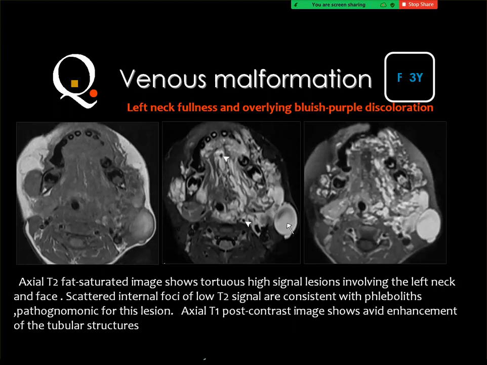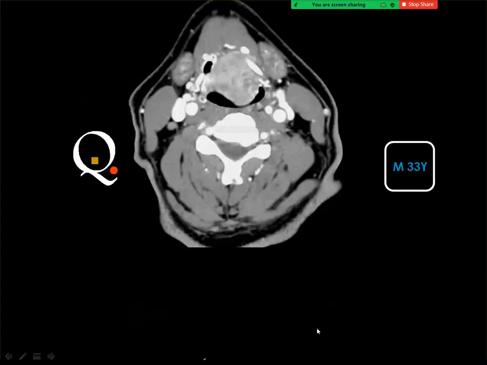And because of the serpiginous nature of the lesion and the low flow of blood inside the lesion, and this arrow points to what looks like a phlebolith, you got the diagnosis of hemangioma, or what is known recently as venous malformation.